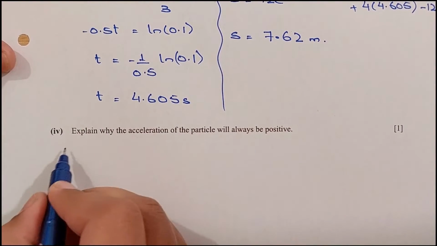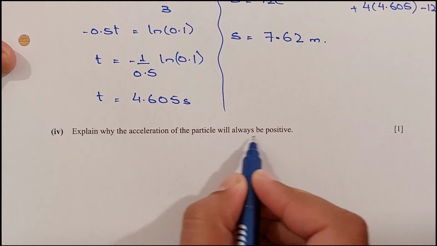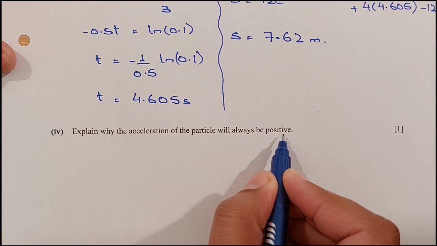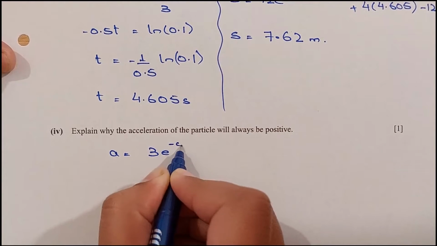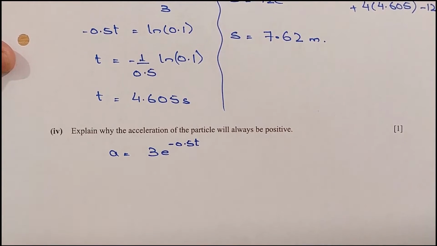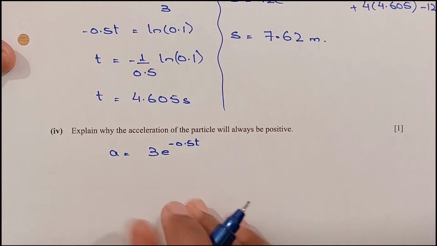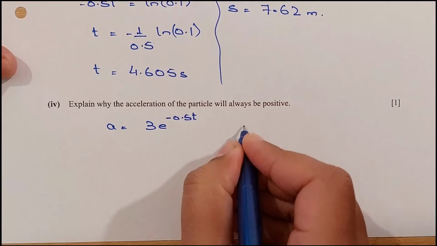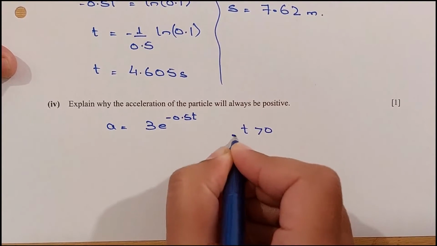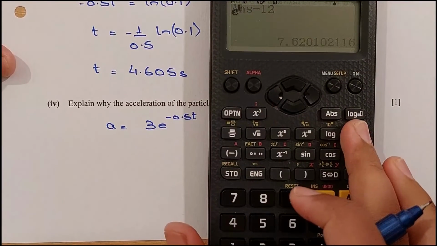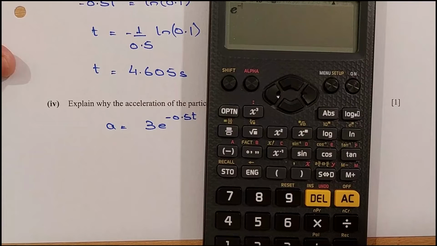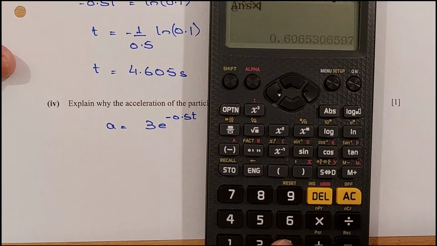Now for part 4, explain why the acceleration of the particle will always be positive. So the acceleration of the particle is 3 e power minus 0.5t, right? The acceleration is always positive because we know that the time is greater than 0. If you put time equal to 1, we have e power minus 0.5 times 3.